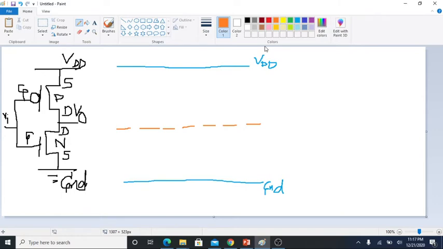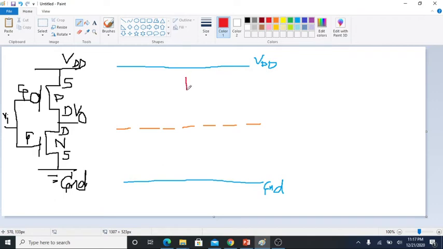Before making the transistor, observe what the connections are. If you see here, the gates of both NMOS and PMOS are joined together and connected to the input. So let us start by making the gate. The gate is made of polysilicon, and the polysilicon color is red.